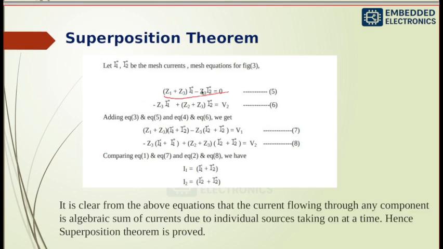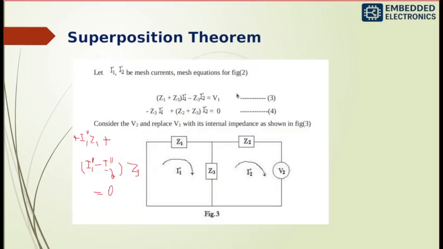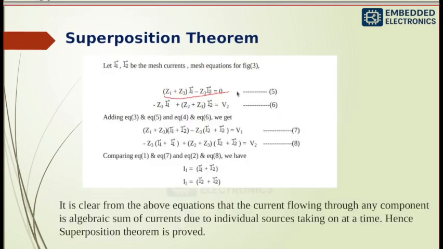Now you need to add equation 3 and equation 4, then equation 3 and equation 5, and equation 4 and 6. Equation 3 is this one. You need to add it with equation 5. Then the equation becomes like this.